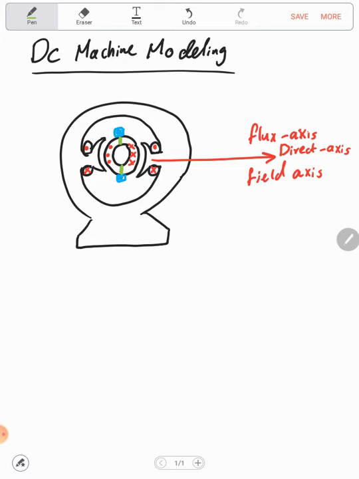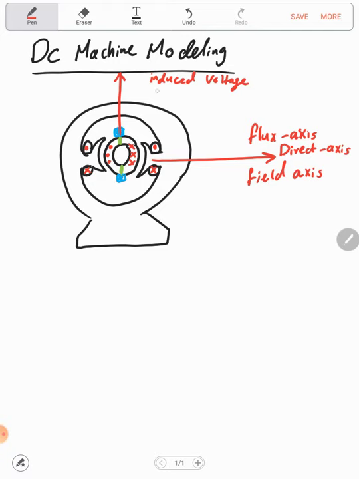It only consists of two segments, and according to the sense of the current here, this will be the direction of the induced voltage. So this is the direction of the induced voltage, or simply this is the quadrature axis.